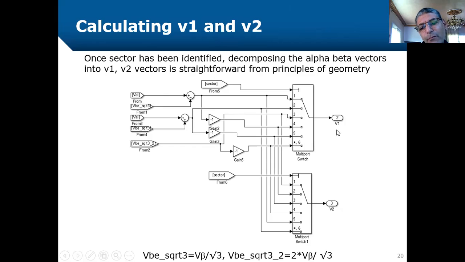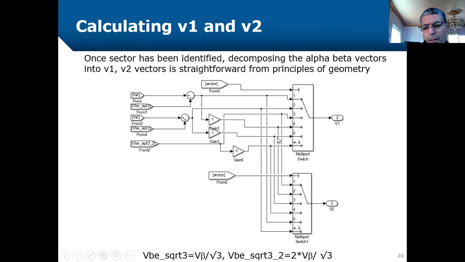For example, V1 can be V1 or V2, and V2 can be V3 if we are in sector 2, and so on. Look at the hexagon for this. All we need for this is to make some arrangement for V alpha and V beta. We write down the equations, and these equations drive a multi-port switch composed of 6 selections, and these selections are activated with the sector number, which is calculated from the previous block.